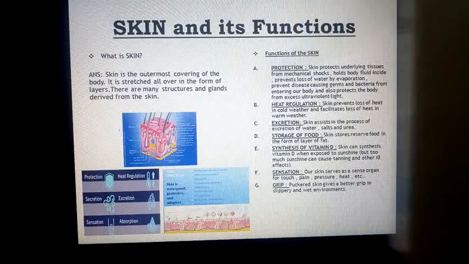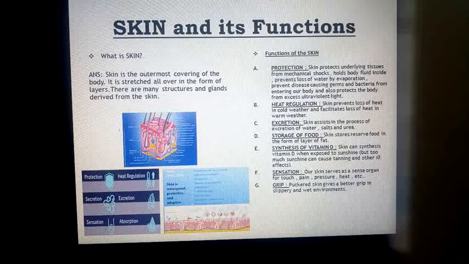It also acts as storage of food. It stores food underneath as adipose tissue. You have learned in your tissues lesson, fat containing tissue. Excretion. It acts as an excretory organ.